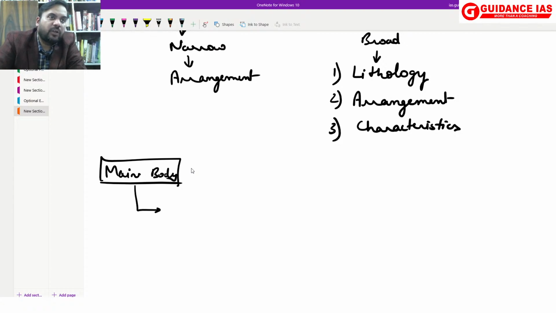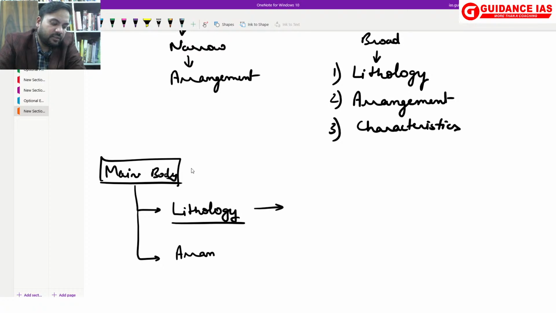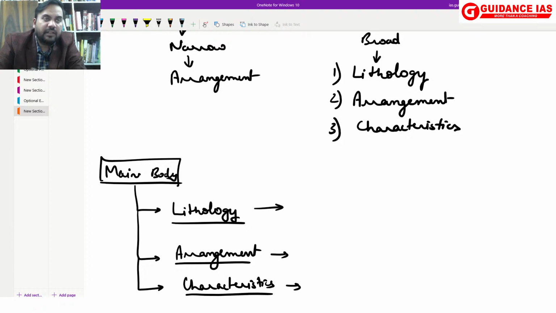The main body will have at least three parts: you'll explain what is lithology and how it controls landform development, what is arrangement and how it affects landform development, what are the aspects included under characteristics and how they affect landform development.